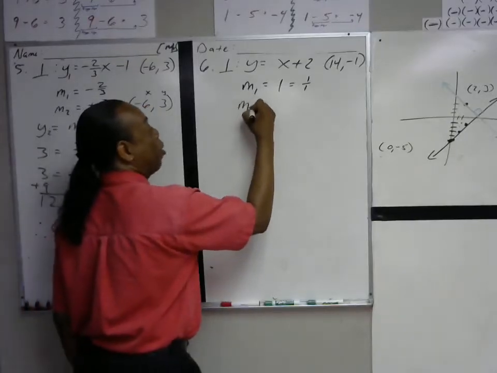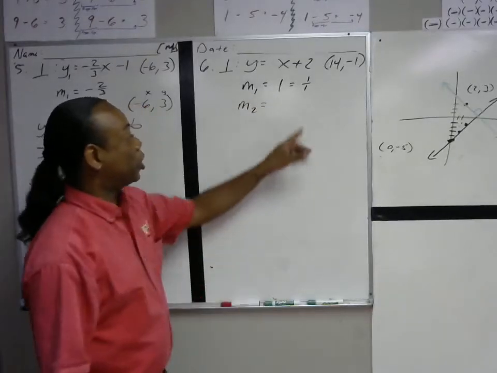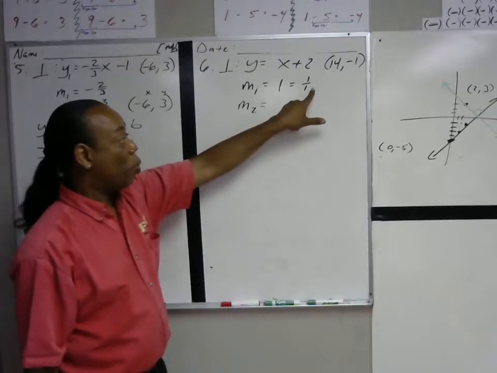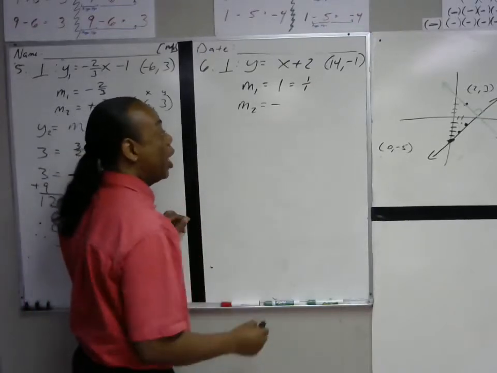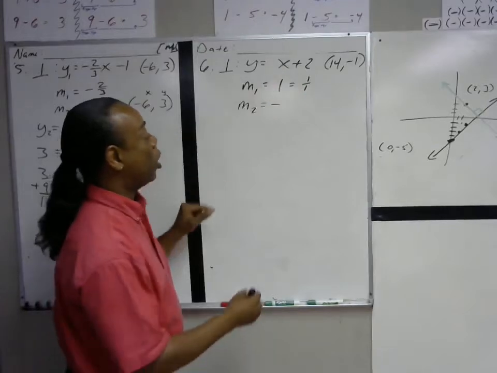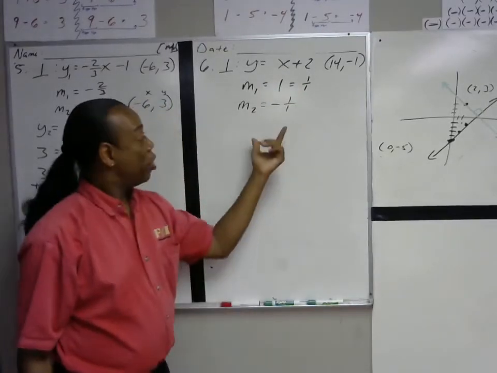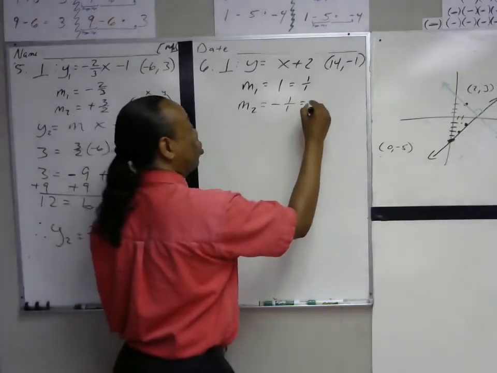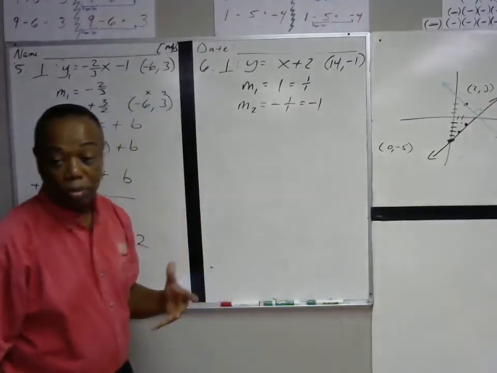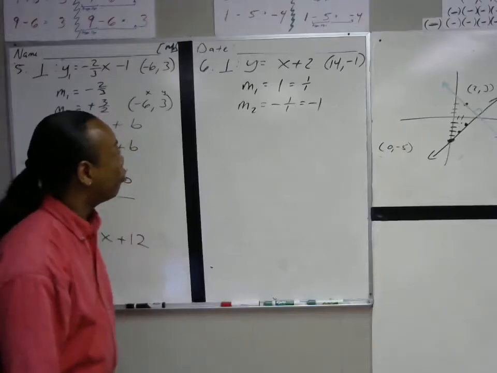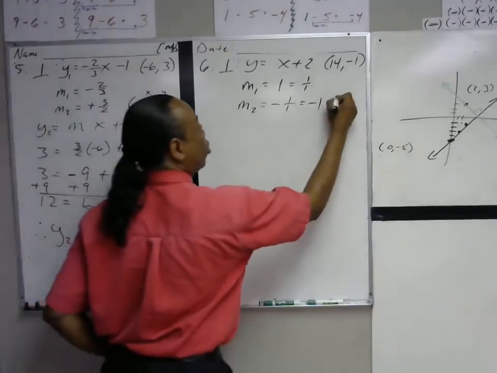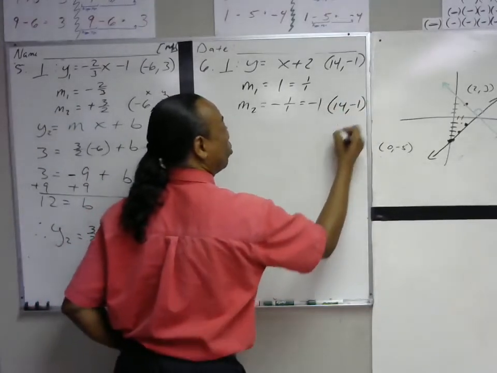So when we create our perpendicular, we're going to change the sign. So it's going to go from a positive 1 over 1 to a negative. And when you flip 1 over 1, you still get 1 over 1. Okay. So this is essentially going to be our perpendicular slope. And we're going to use the point 14, negative 1.